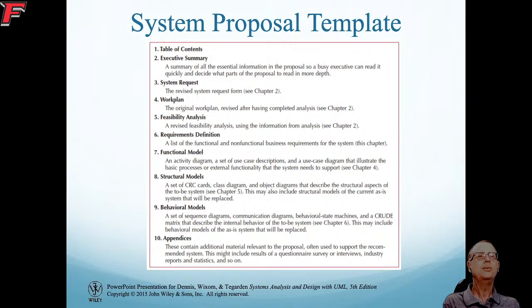Also, when we've got those analysis classes identified, they're not necessarily classes that you would code up. We can also do sequence diagrams, communication diagrams, behavioral state diagrams, and a CRUD matrix to show how things connect. And there might be other stuff you want to put in the appendix, the raw results of the questionnaire or surveys or all of that sort of stuff.